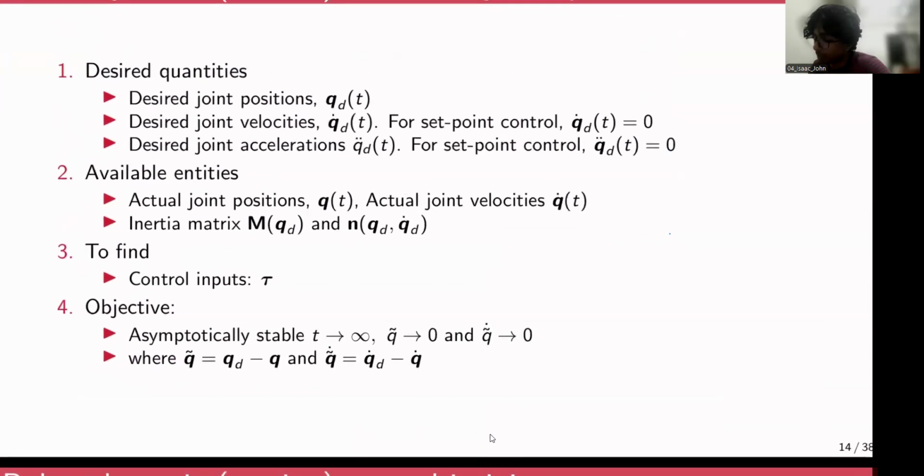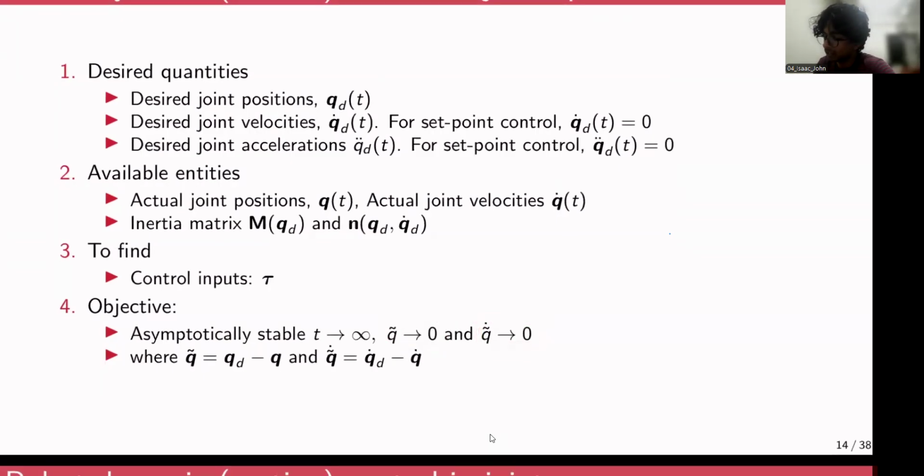So here as well, our objective is we want asymptotic stability, right? So as time tends to infinity, we want the error in position to tend to 0, and the error in velocity is also tending to 0.